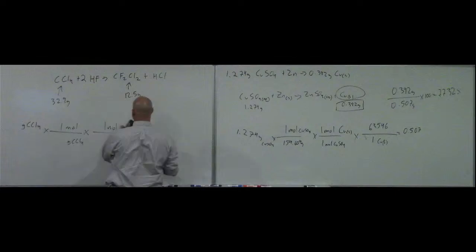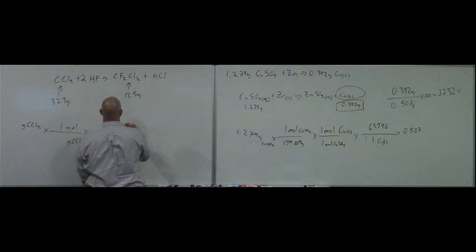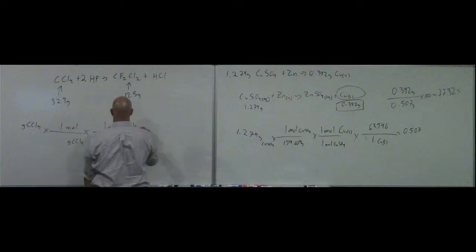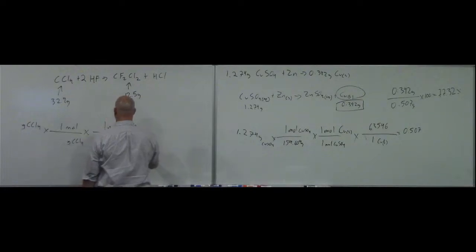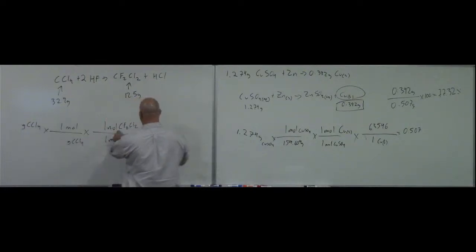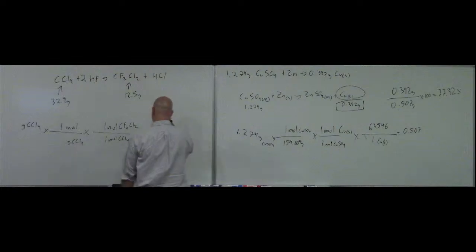CF2Cl2 over 1 mole of CCl4. I multiply it by my formula mass, so that's going to be grams of CF2Cl2 over 1 mole of it.